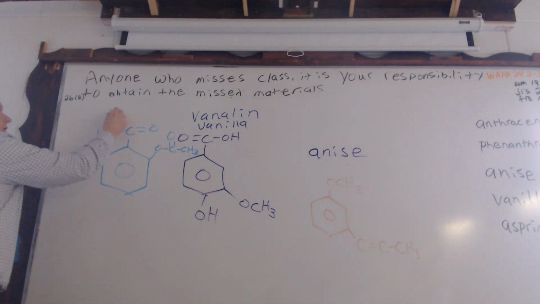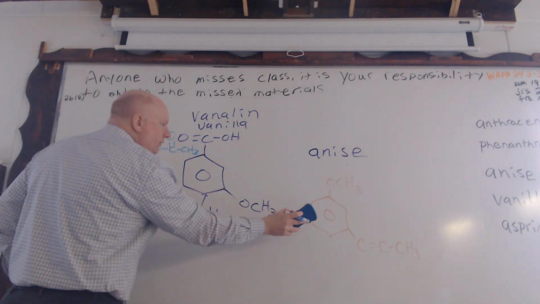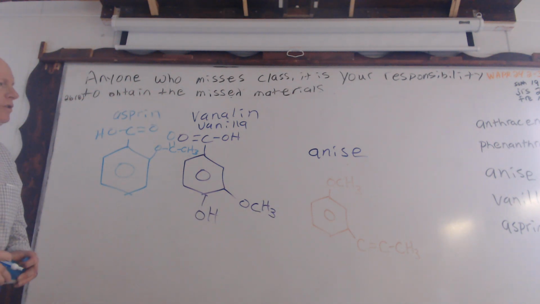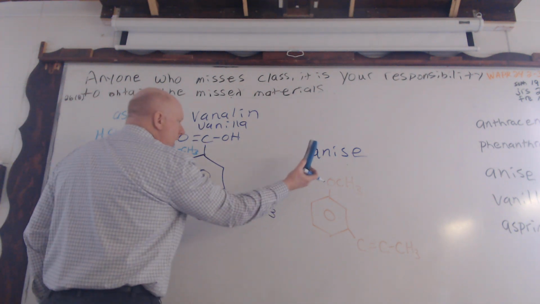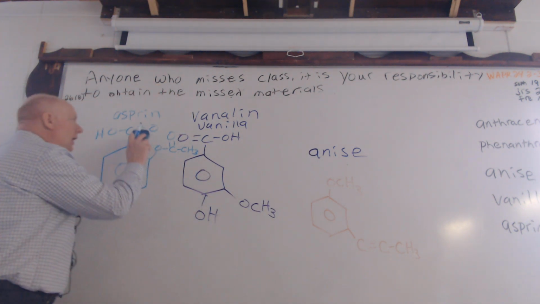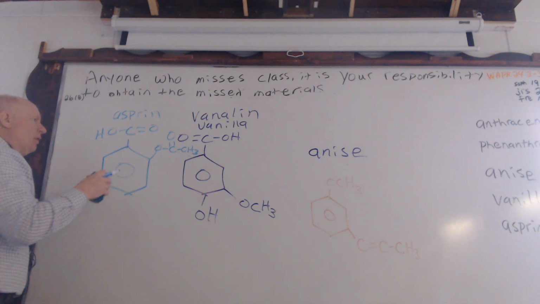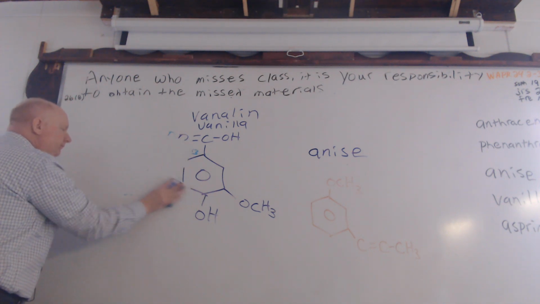Aspirin, and this is anise. The ones that give off fragrance certainly are vanilla and anise, and this is the molecular structure for what we call aspirin, which has a more complex name, but we really don't need to know that.